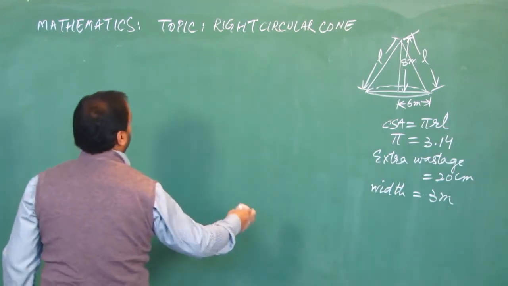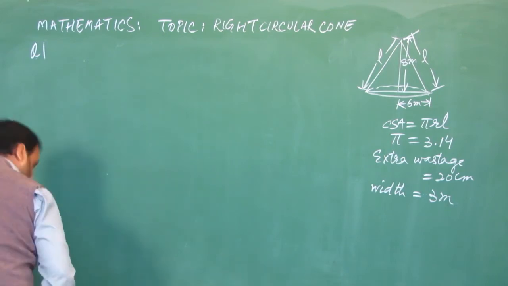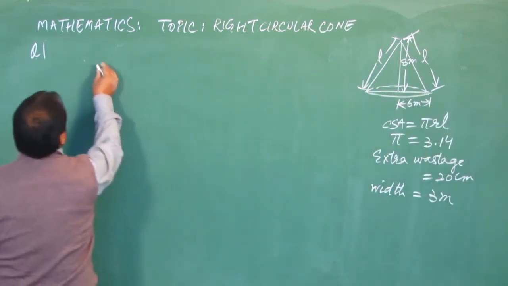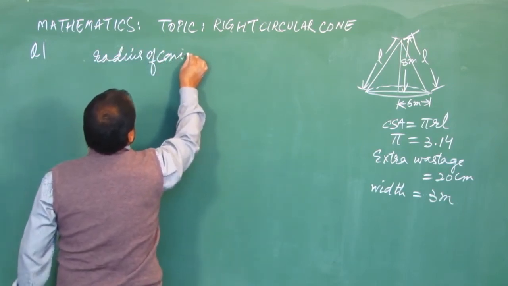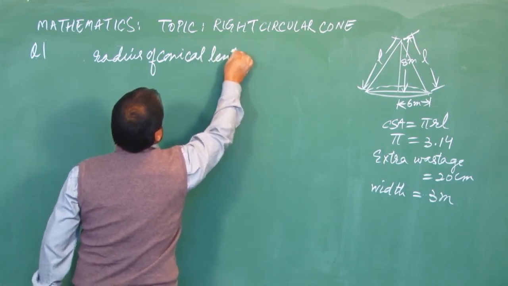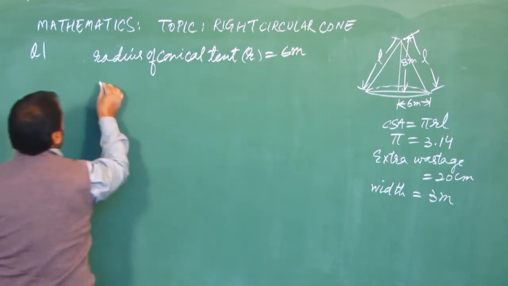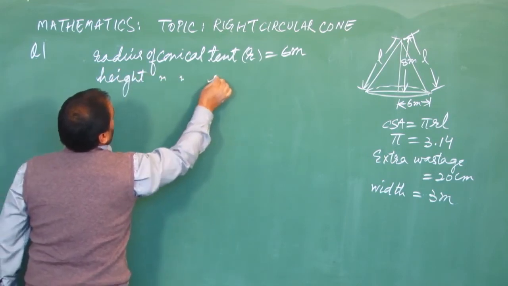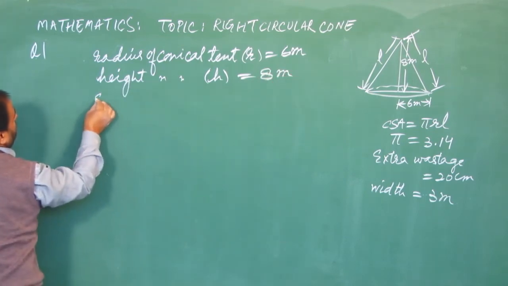Now, first we will write out what is given. The radius of that conical tent is 6 meters. The vertical height h is 8 meters and the slant height is not given.